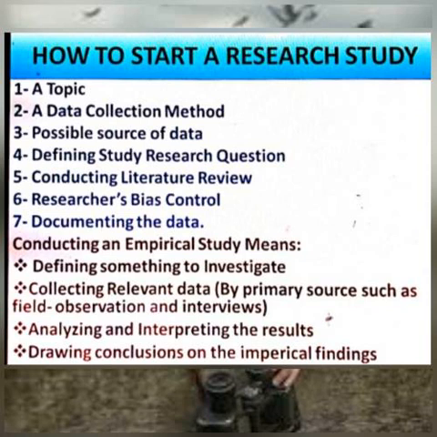Then analyzing and interpreting your results, and then drawing the conclusions on the empirical findings and matching them with the empirical findings of previous articles or researches. So this is how to start a research study. Moving to the next slide.